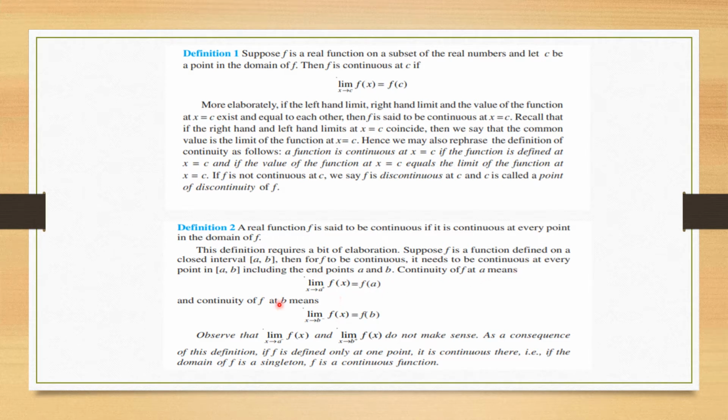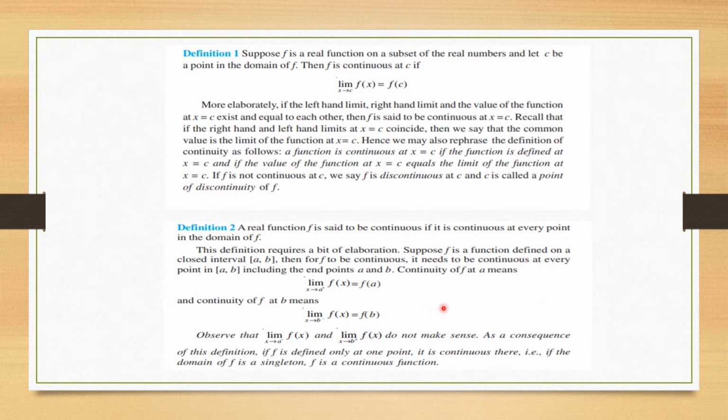The function is continuous at b, this right point, means that limit x approaches b from the negative side, f of x should be equal to f of b. Observe that x approaches a from the negative side and x approaches b from the positive side don't make any sense. Suppose an interval ab is there, here is the point a, here is the point b.